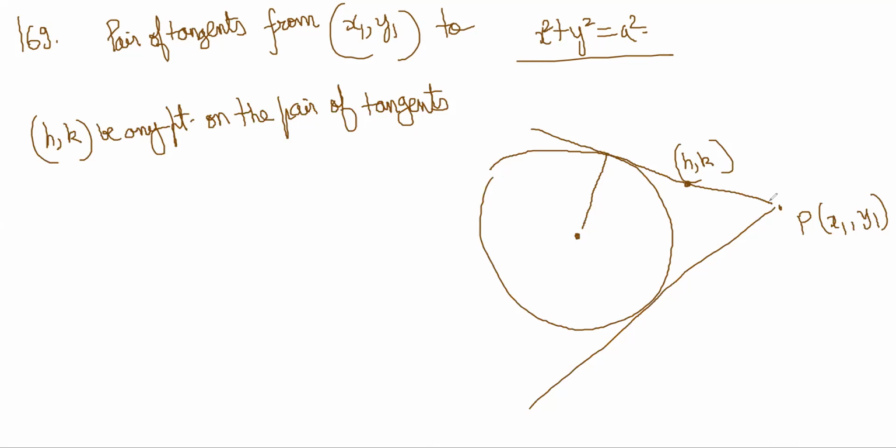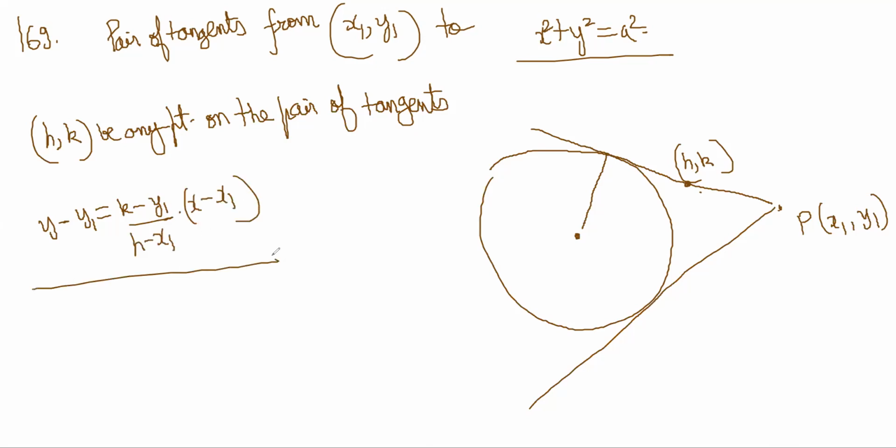So equation of a line through P and HK will be y minus y1 is equal to k minus y1 by h minus x1 into x minus x1. No? This is the equation of the line tangent which passes through P and through HK, right?